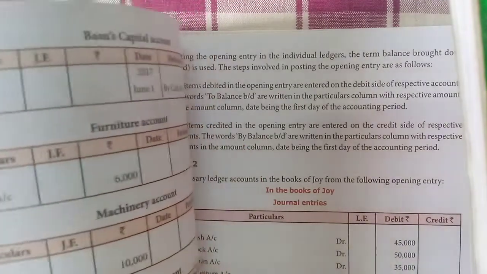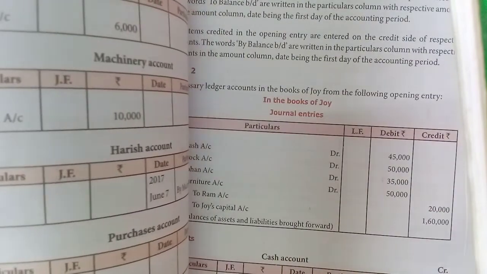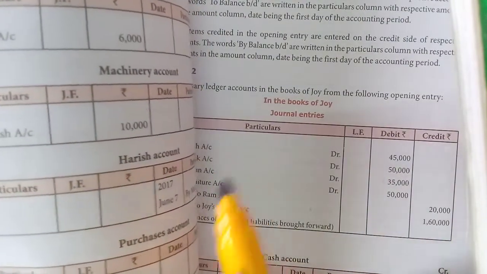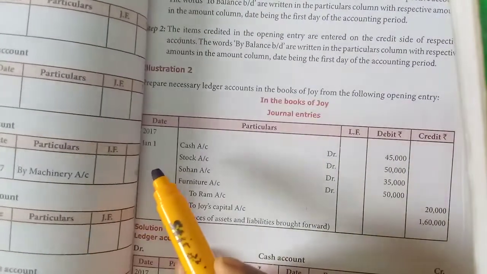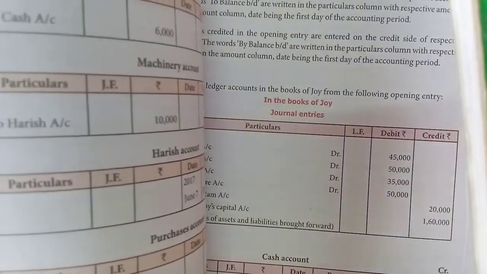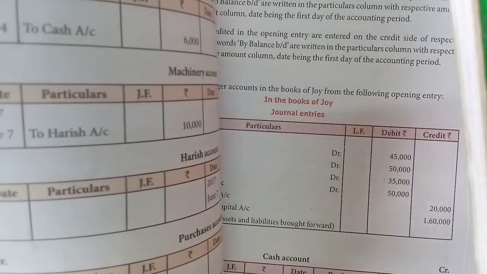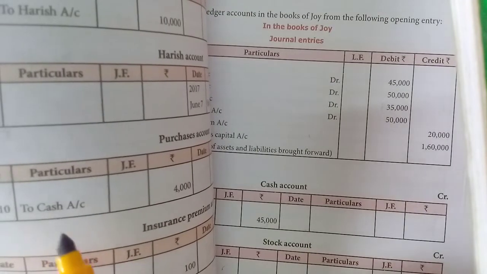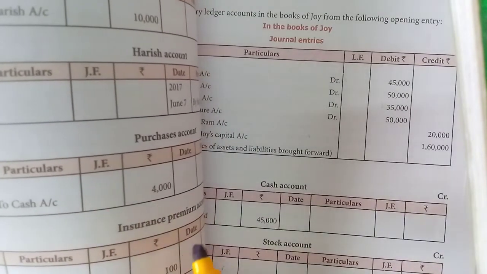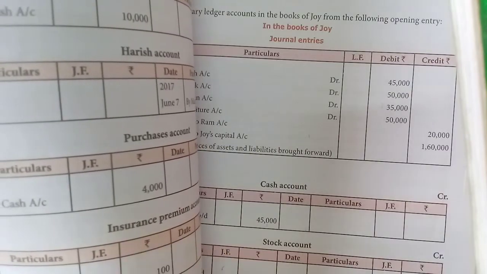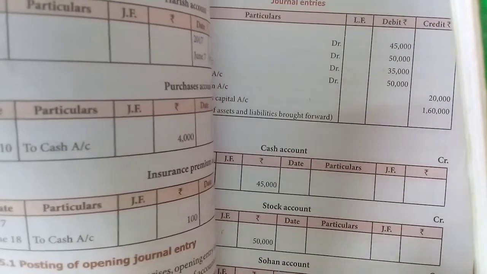Then machinery, same thing, credit purchase, isn't it? So, to Harish. Then Harish account by machinery. Then purchases account to cash. Okay, purchases to cash. Then insurance premium account debtor to cash.